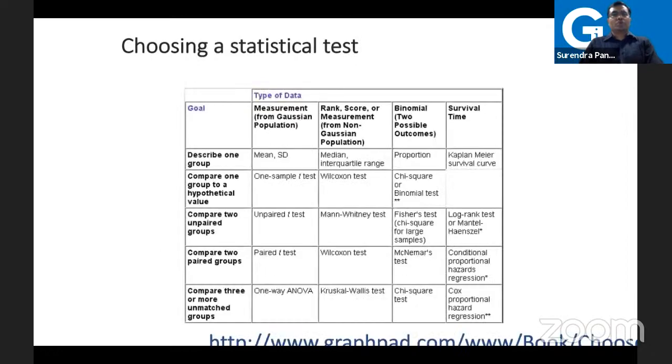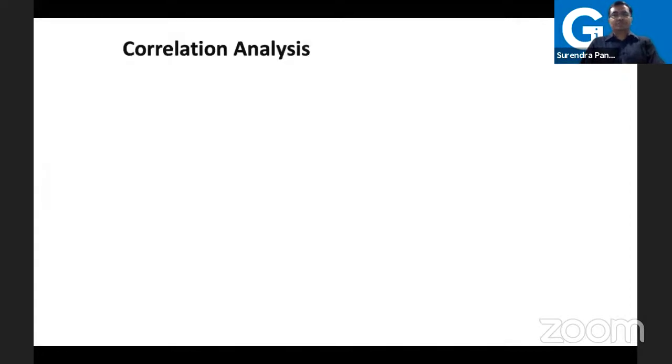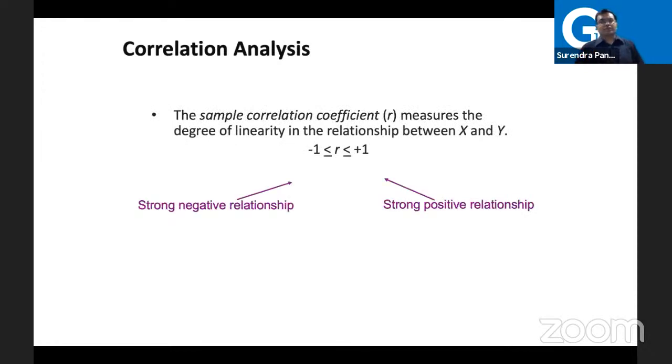There are concepts related to correlation. Correlation shows the relation between two or more variables, meaning how these columns are related to each other. Mostly there are two types: the correlation measure is either negative or positive, meaning they are affecting each other.